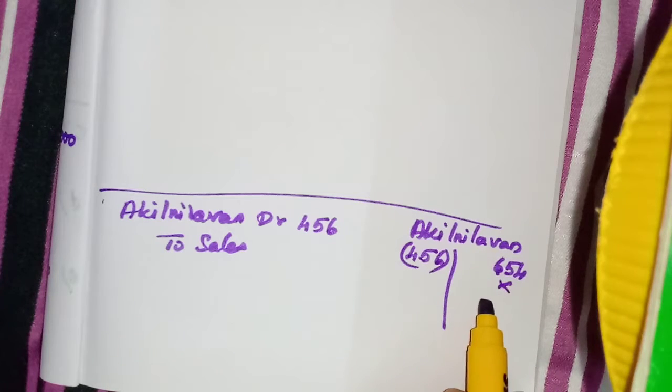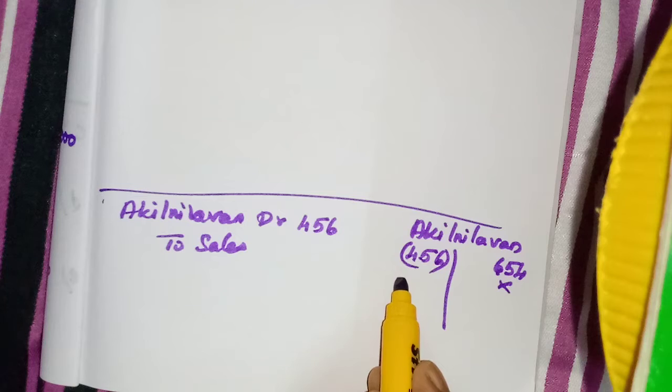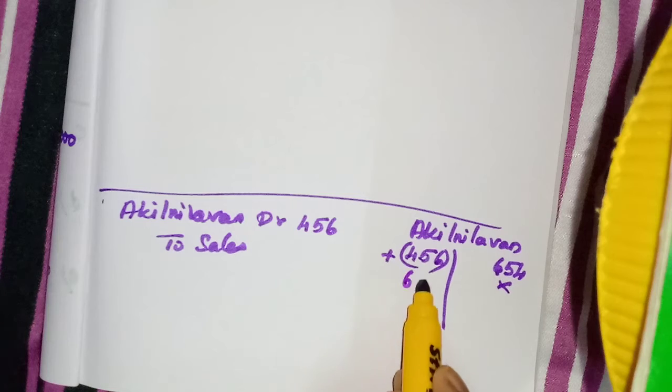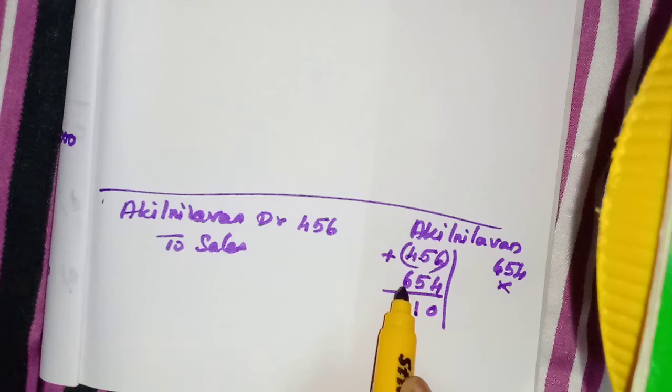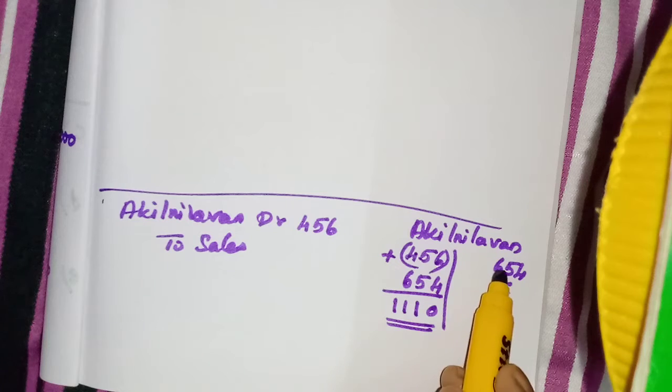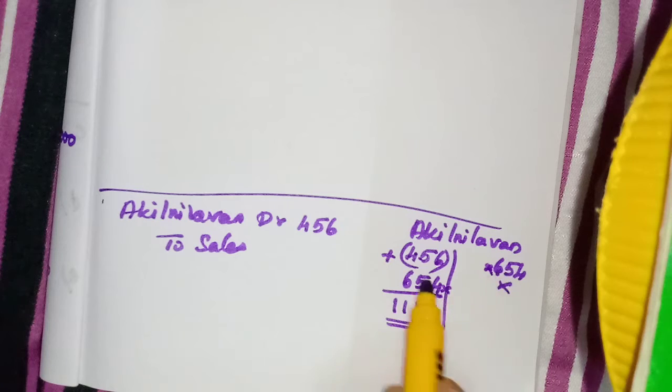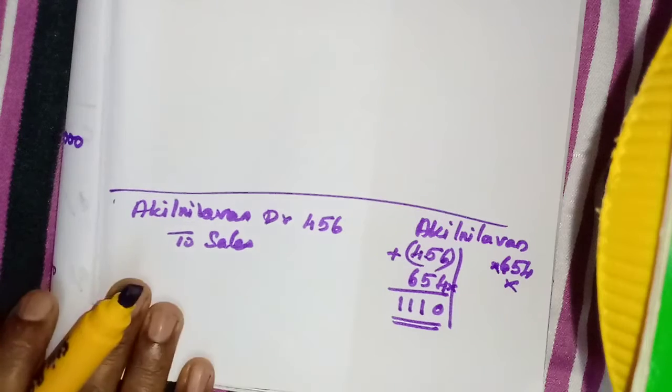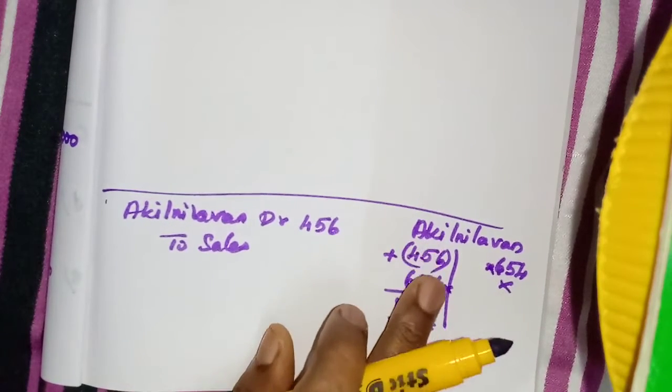So we should debit this amount also along with this amount, 654. If we debit this much amount, we will get 456. This one will get cancelled. Instead of crediting we are debiting, so it will have balance 456. Understood? Wrong sign and wrong amount.